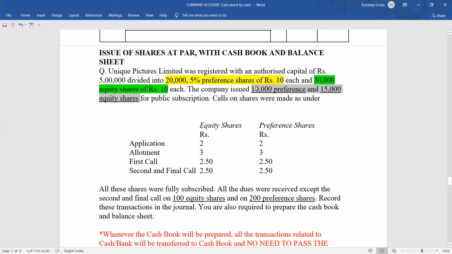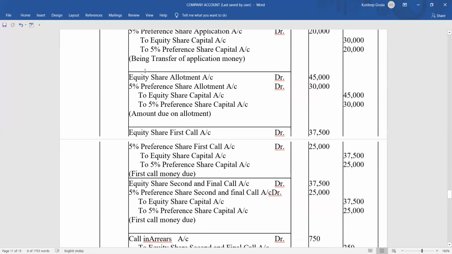Then 5% preference share allotment account 10,000 into 3, that is 30,000, to equity share capital account 15,000 into 3, 45,000, to 5% preference share capital account 10,000 into 3, 30,000. So you can see here equity share allotment account debit 45,000 to equity share capital account 45,000.